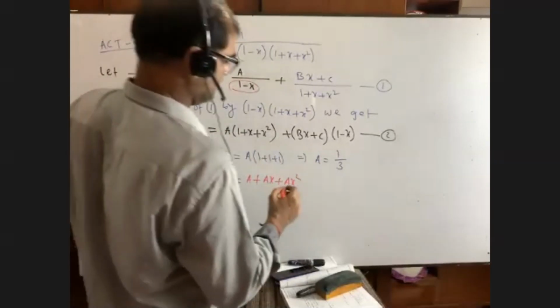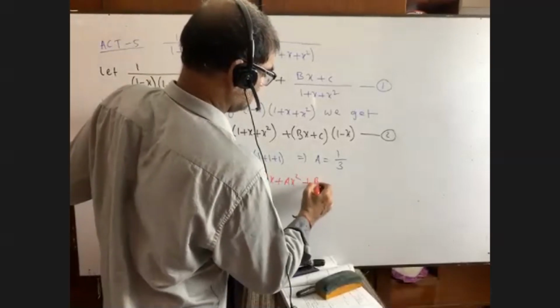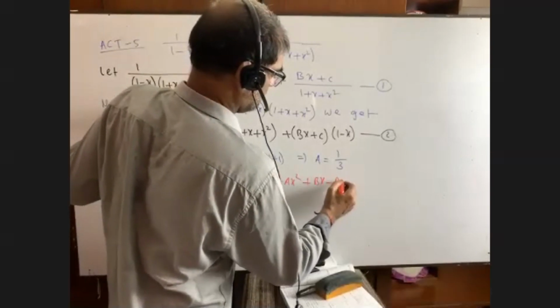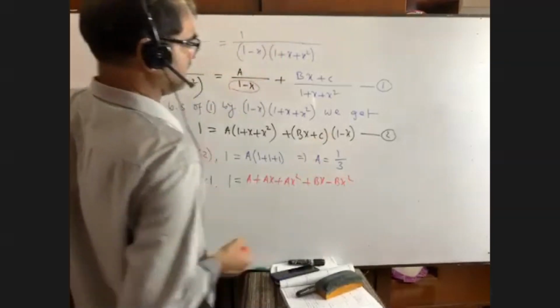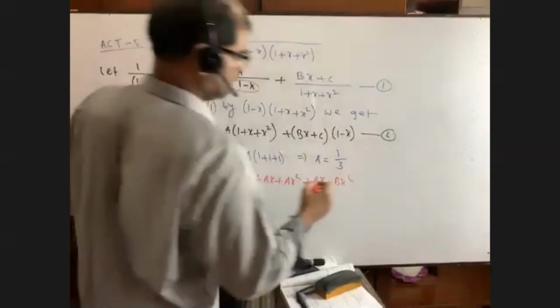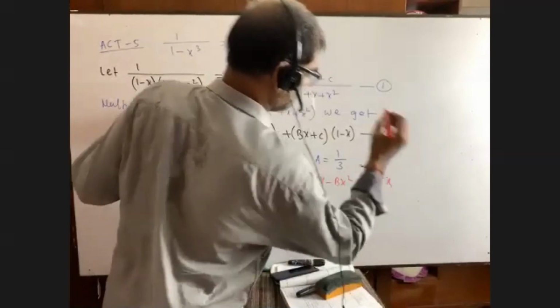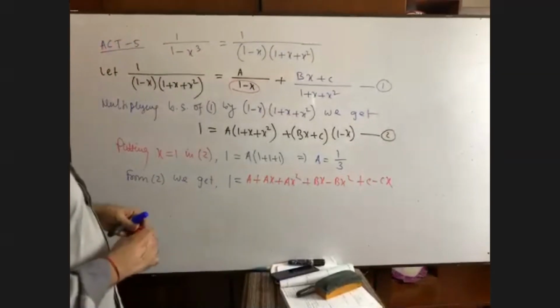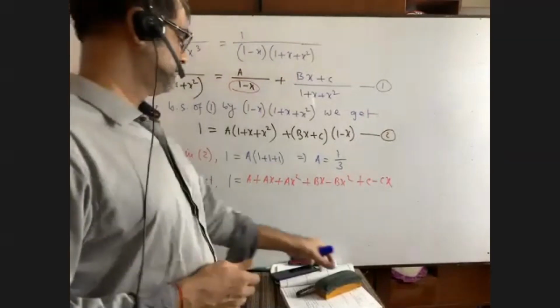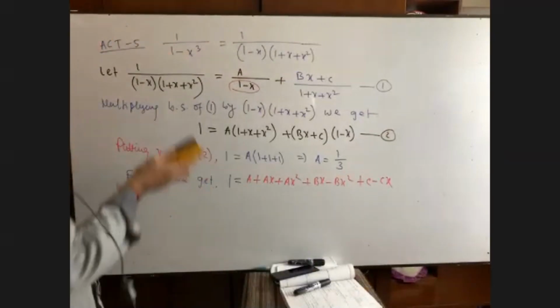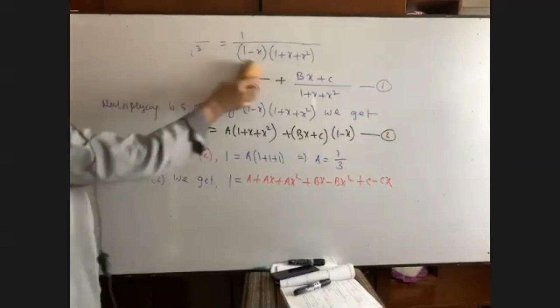Then we can write here bx minus bx square plus c minus cx. I have just multiplied. Now write down equating the coefficient of x square.